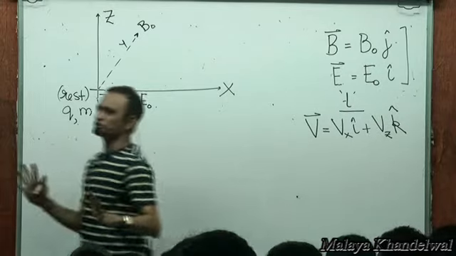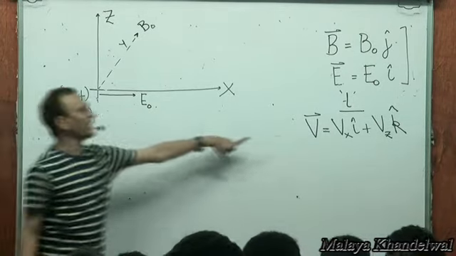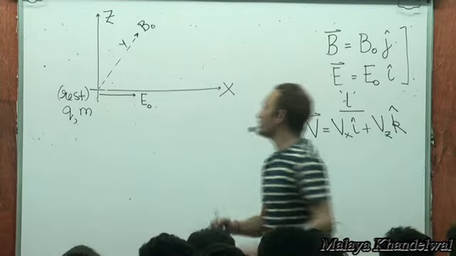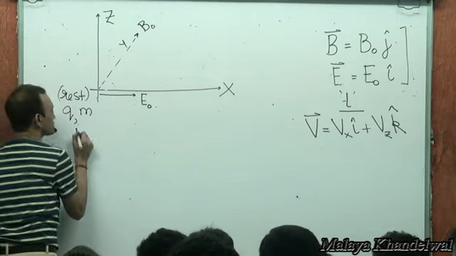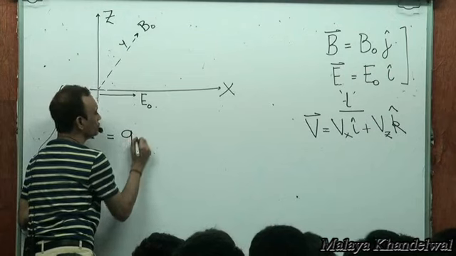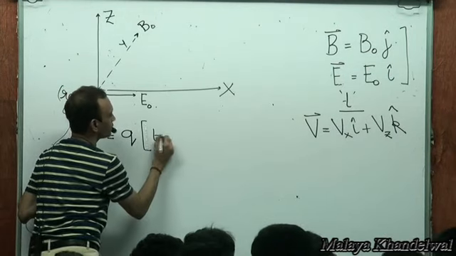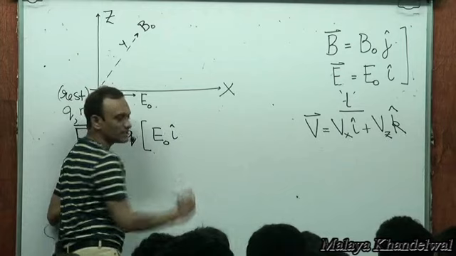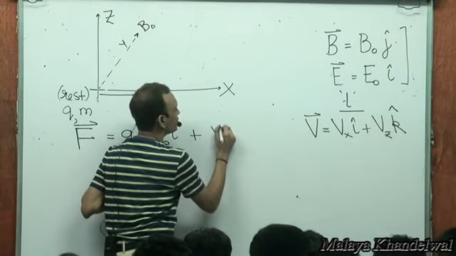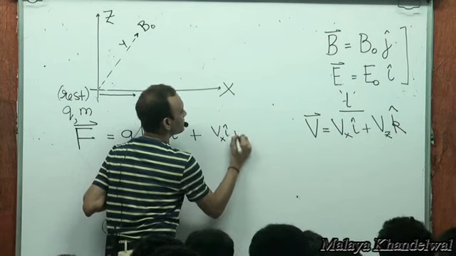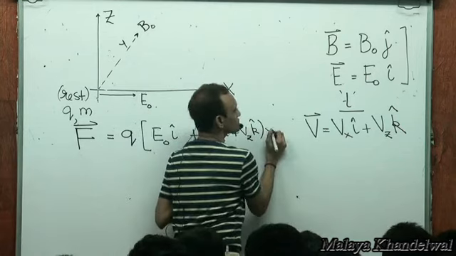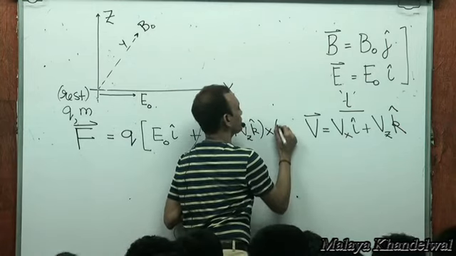Now, the net force that the particle experiences when it has a velocity v at an intermediate instant t is going to be q into E naught i cap, that's the electric force, right, plus q into v cross B. V is like Vx i cap plus Vz k cap, cross B. B is B naught j cap.